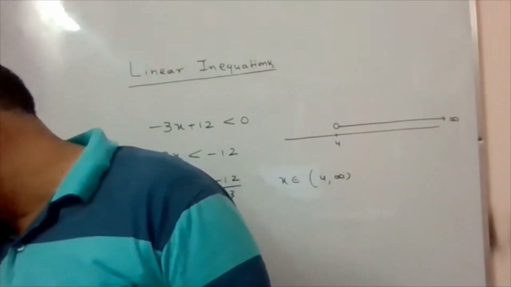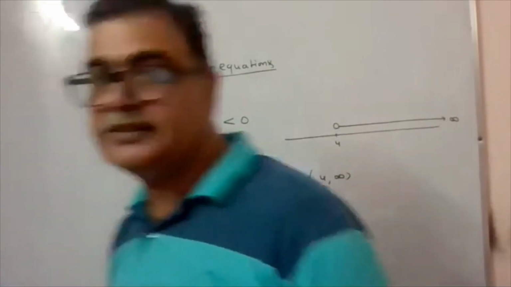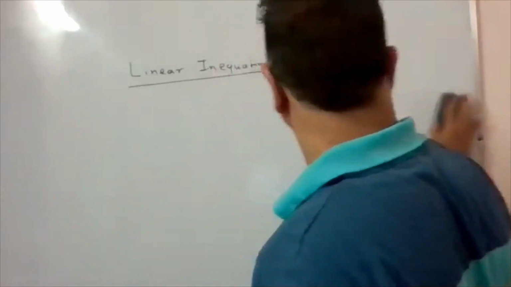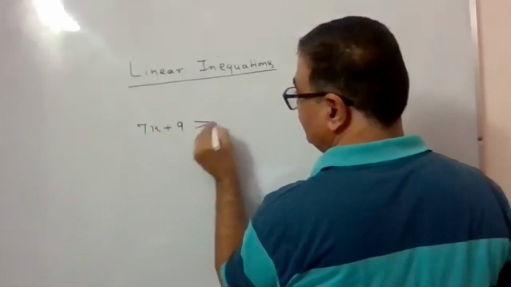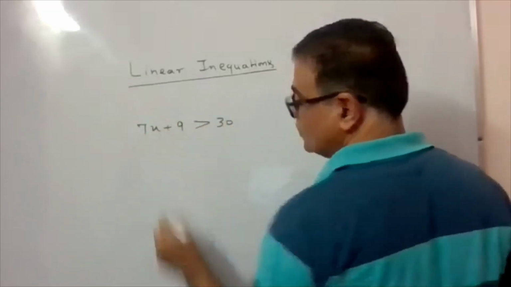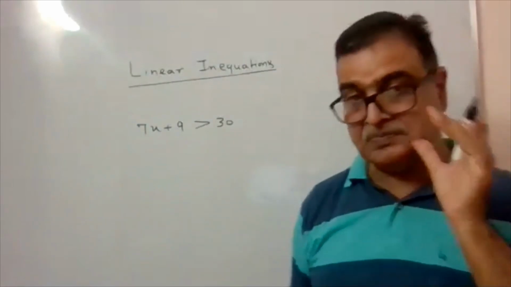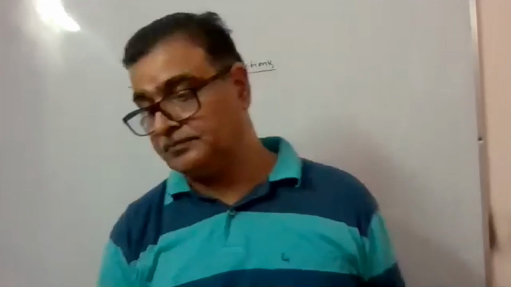Next question please. 7x plus 9 is greater than 30. We should solve it. Sir, x belongs to 3 to infinity, open interval. Okay.